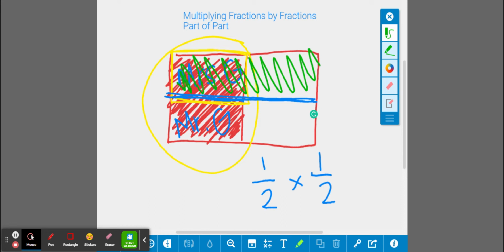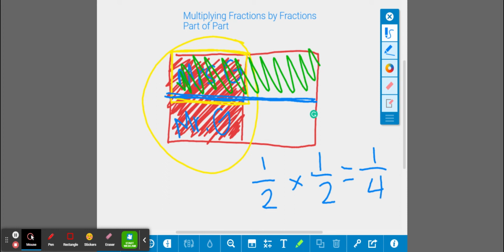And of those sections, the part that I'm going to have is this one section right here. So the answer to my fraction by fraction multiplication problem is 1 out of 4 sections.